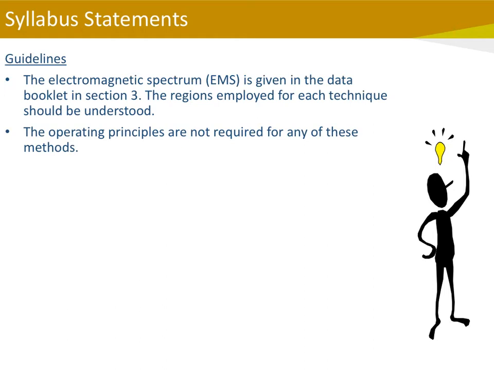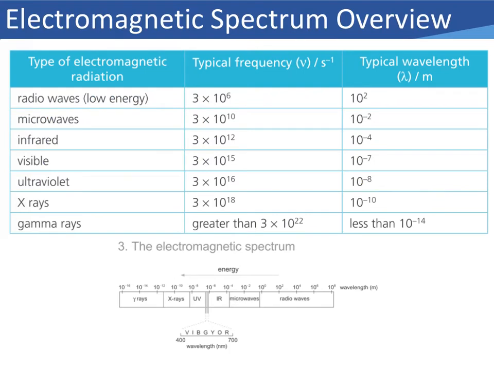So in order to understand a little bit about what we're going to talk about in spectroscopy, we need to review the electromagnetic spectrum. However, the real operating principles of these forms of spectroscopy are not required, but just a little bit of background. The electromagnetic spectrum is given in your data booklet.